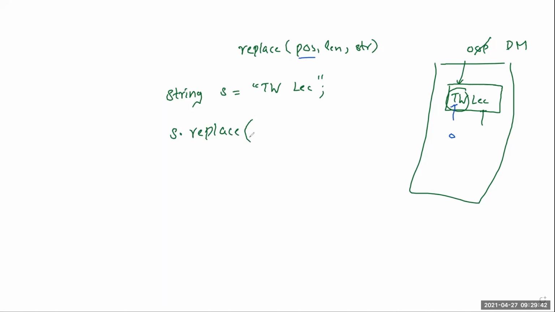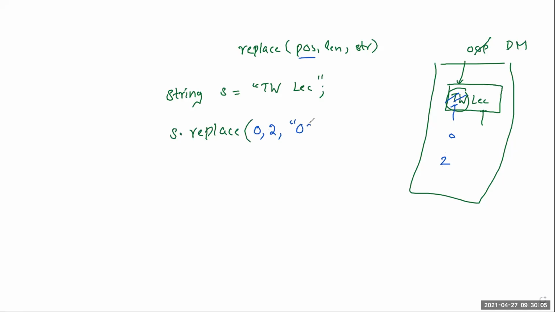So I go to position 0, I write a 0 here. How many characters do I want to remove? I want to remove T and W. How many? Two characters. So I will write 2 here. So what will happen? It will go to position 0, remove two characters, and instead of those two characters, what is the new string I want?